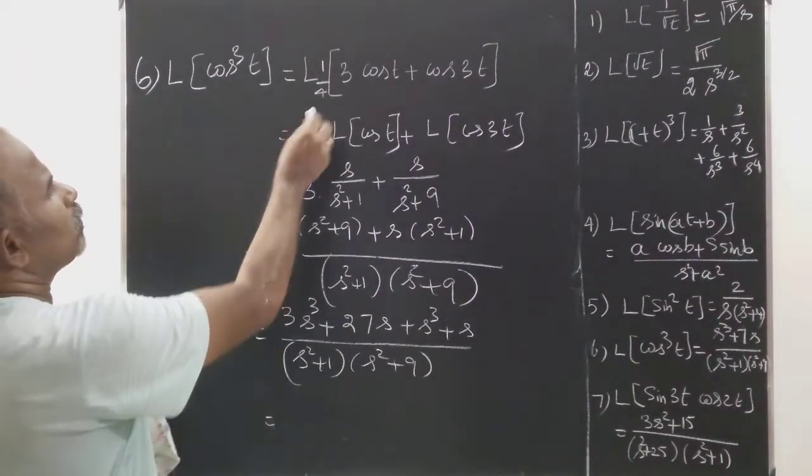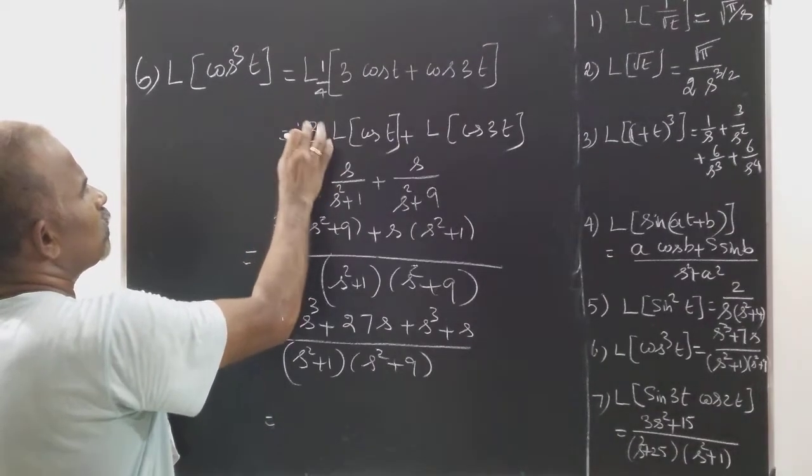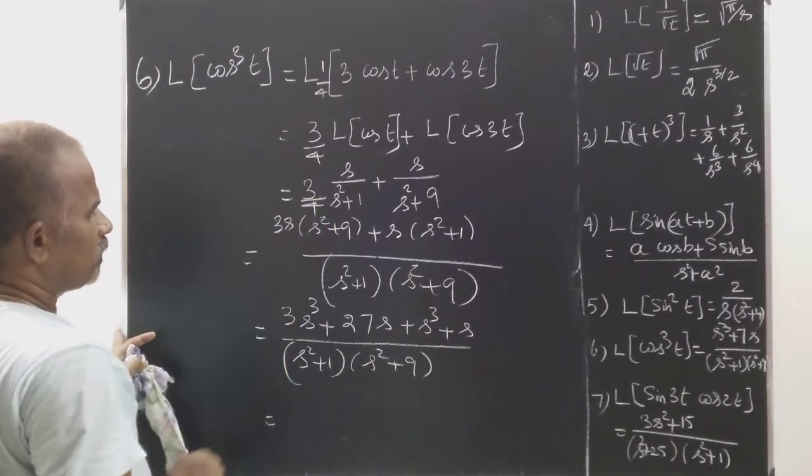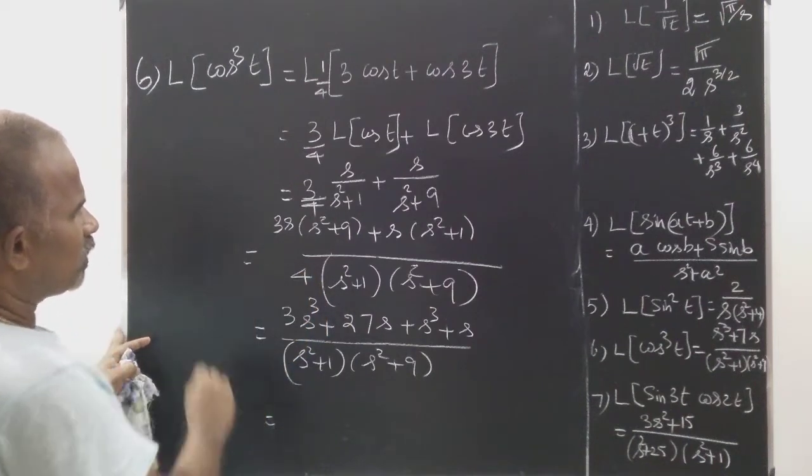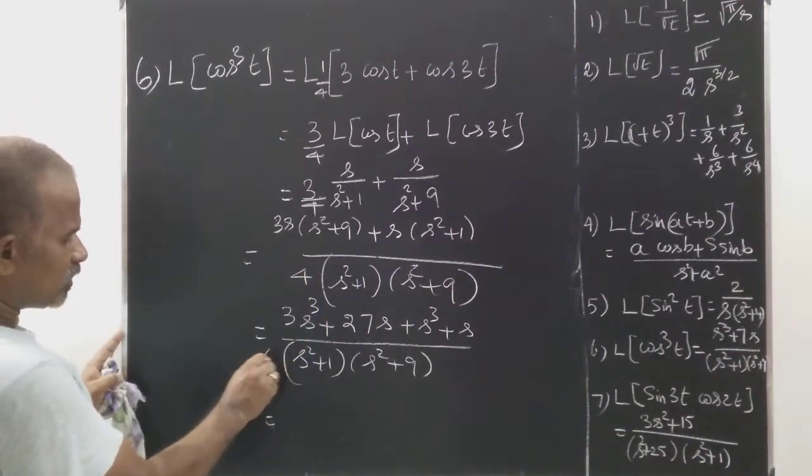So therefore 1 by 4, 3 by 4, 3 by 4, 3 by 4. Okay, again here is 4.